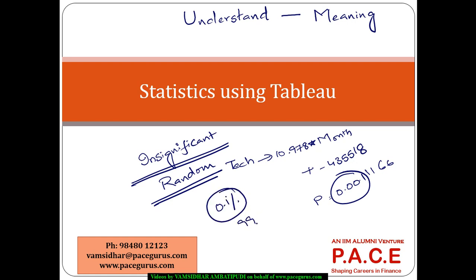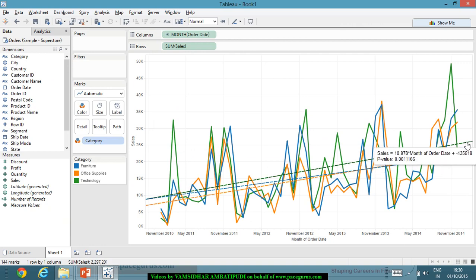So the 99.9% probability is that this equation is significant. So just by looking at the p-value, in this case, what is the percentage? It's 0.1%, because it is 0.001. It indicates that there is a 0.1% random chance describing the relationship between the values and the trend model.